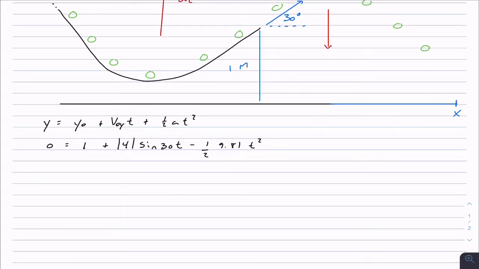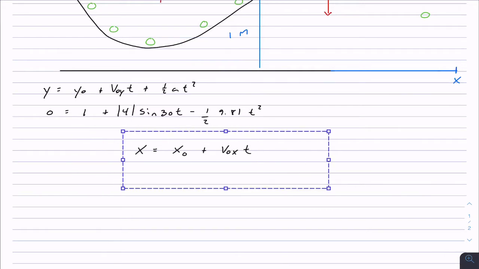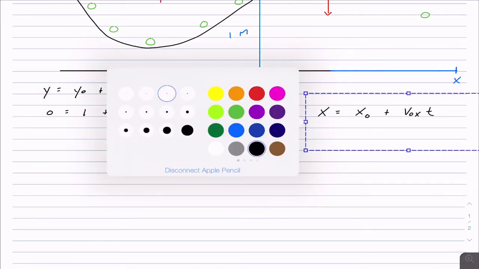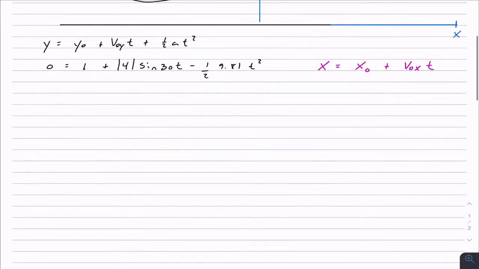Okay, so now what are we trying to solve for? We need to determine where the ball hits the floor, and in order to do that, we need to know the total elapsed time. So that's what I'm trying to solve for up here. We need this information in order to plug it into the x equation.